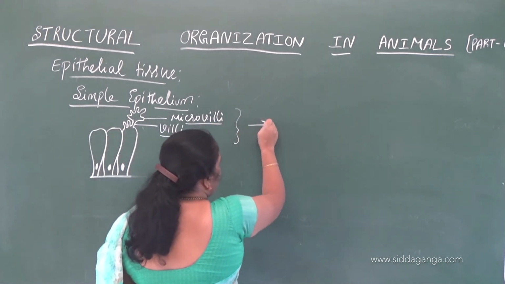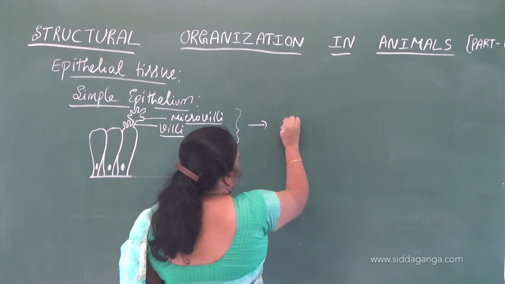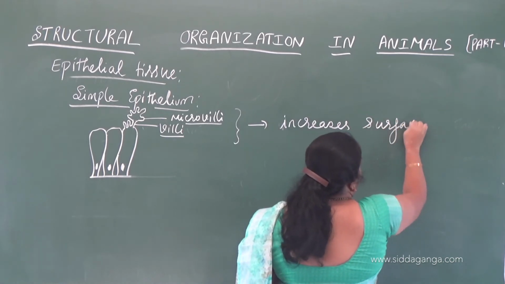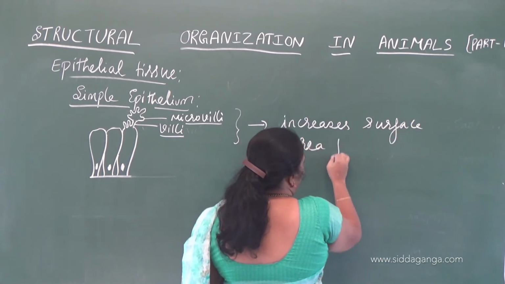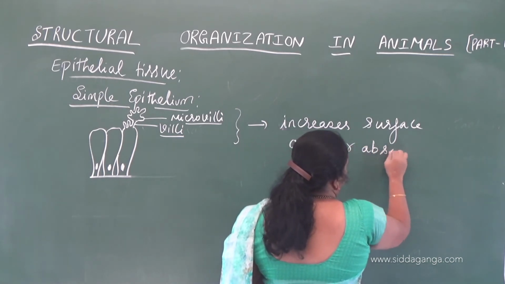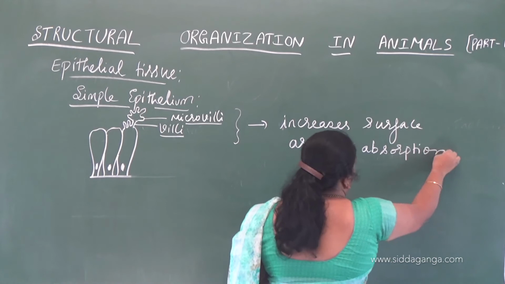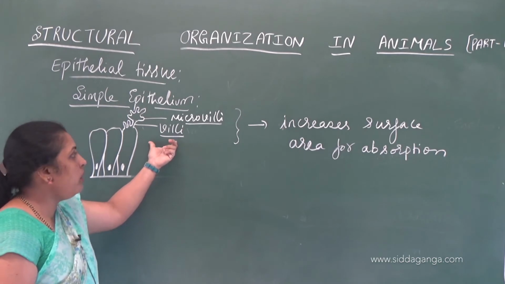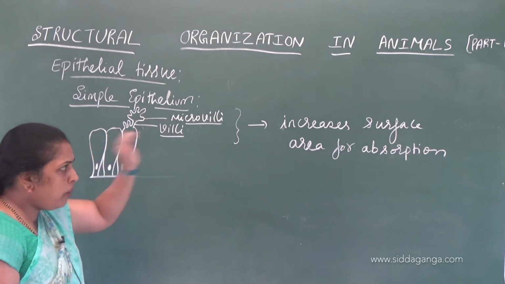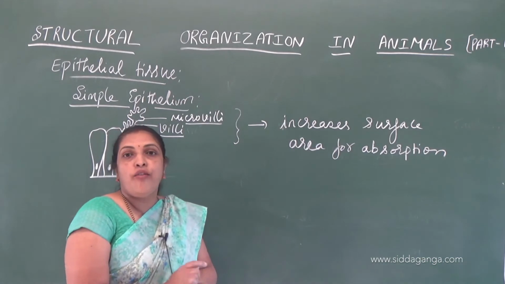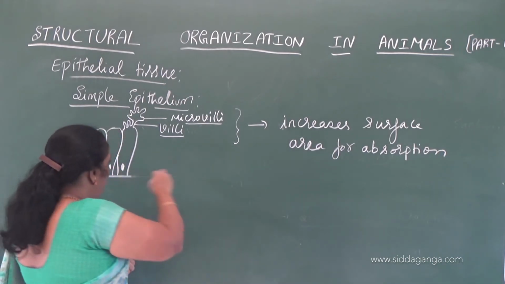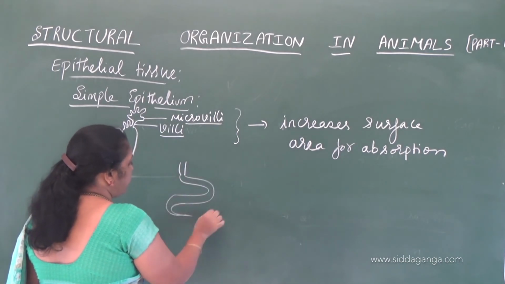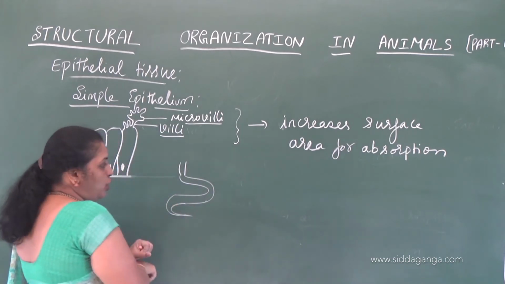Mainly that increases the surface area for absorption. Understood? The villi and microvilli in the columnar epithelium mainly increase the surface area for absorption. Suppose this is the small intestine. Here we see this epithelial tissue.